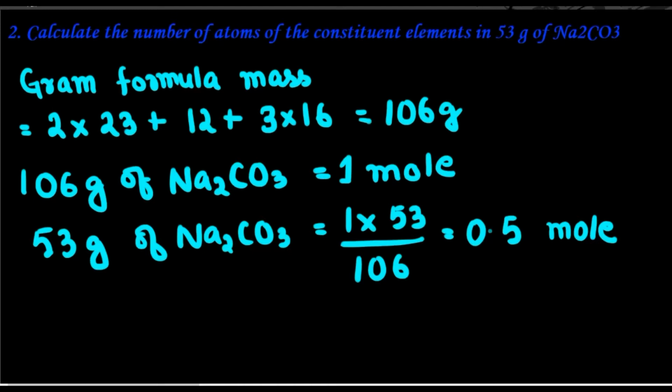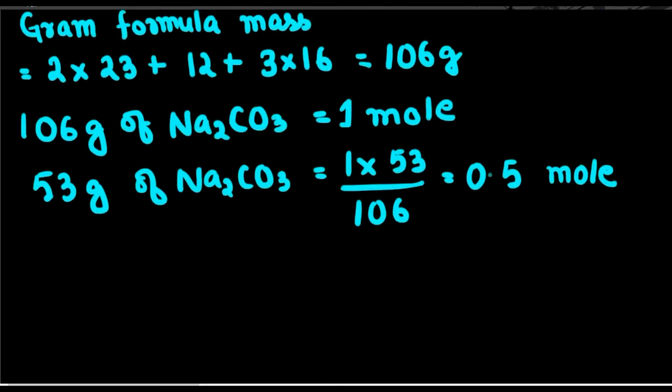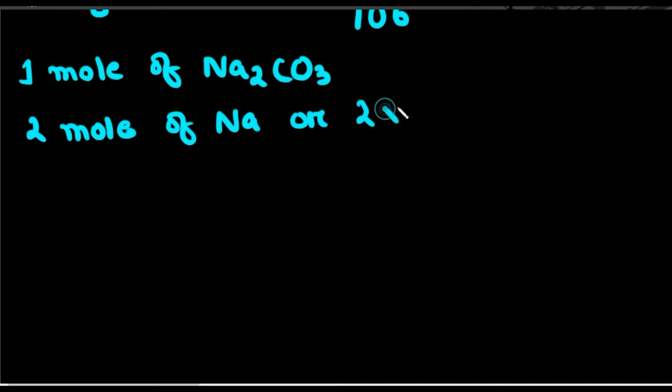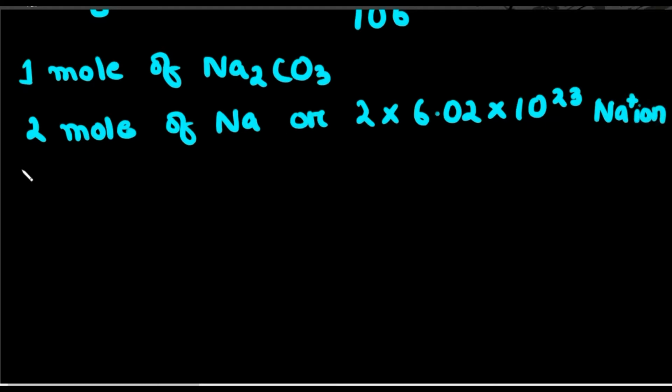But 1 mole of sodium carbonate contains 2 mole of sodium, or we can write it as 2 into 6.02 into 10 to the power 23 Na plus ions.